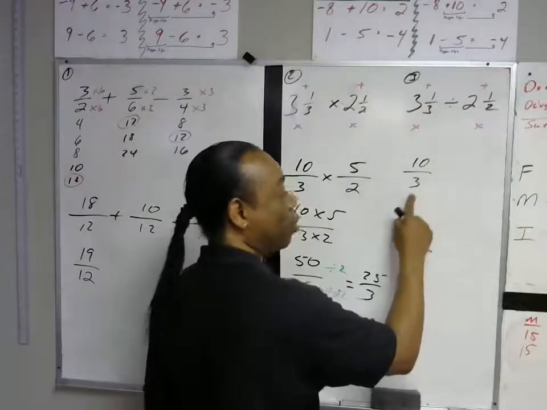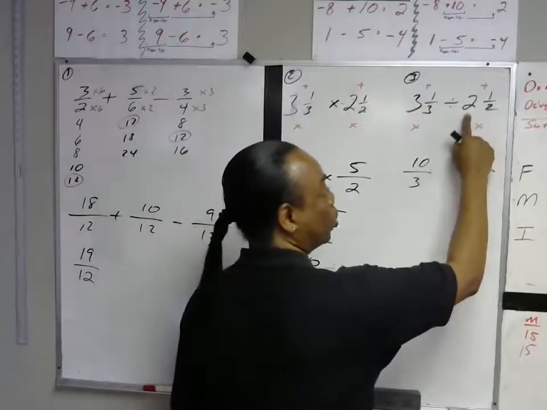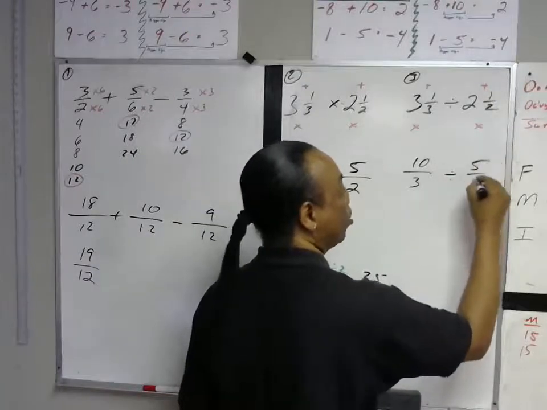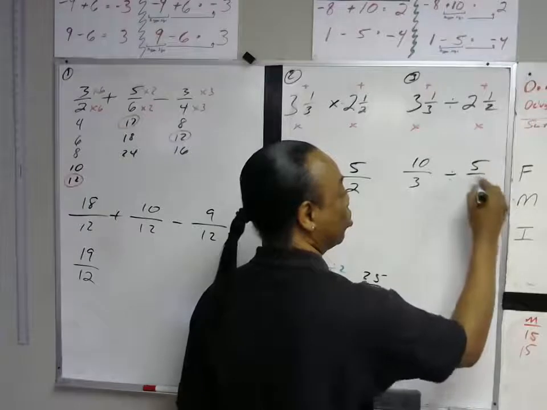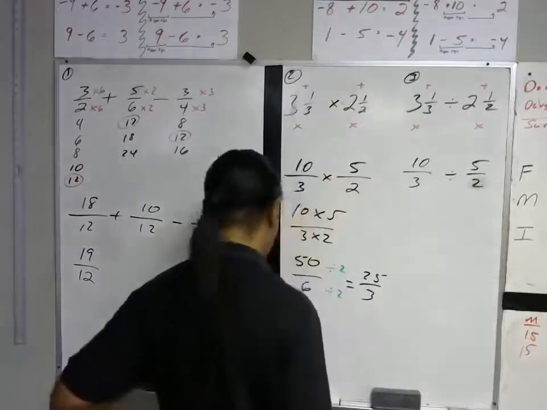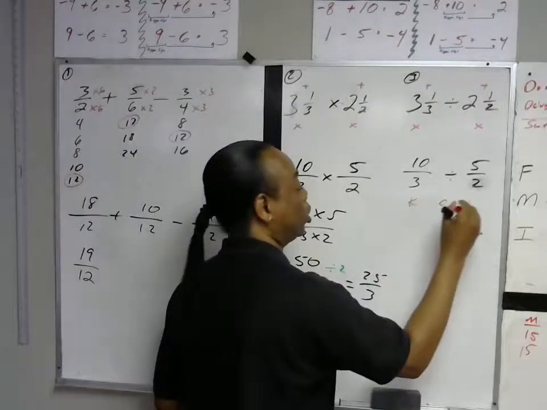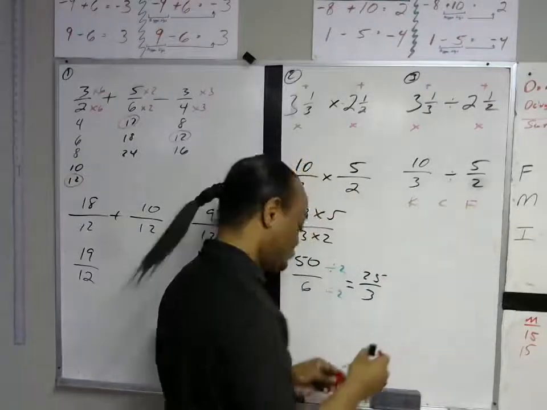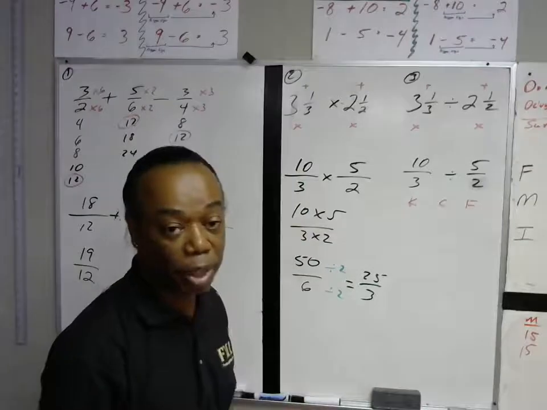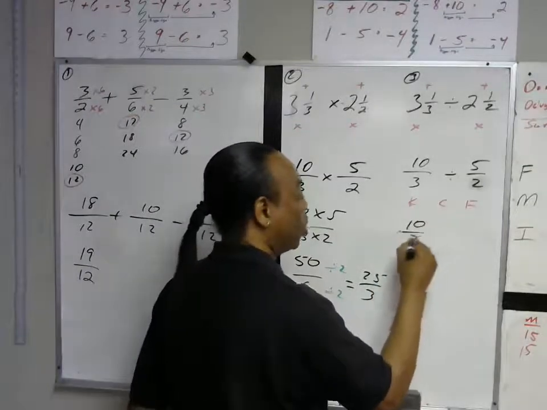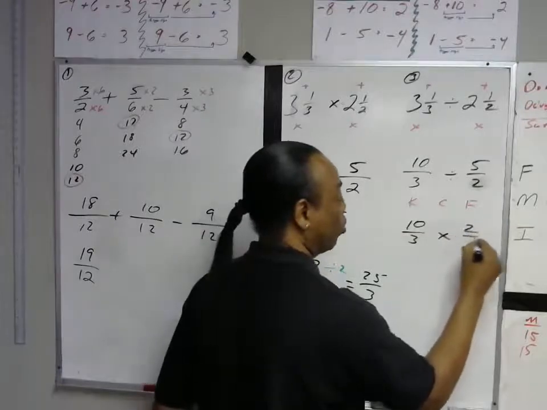And keep the denominator 3. 2 times 2 is 4, plus 1 more is 5. You keep the denominator 2. From here, we're going to do a keep, change, and flip in order to change the division into multiplication. So we'll have 10 over 3 times 2 over 5.